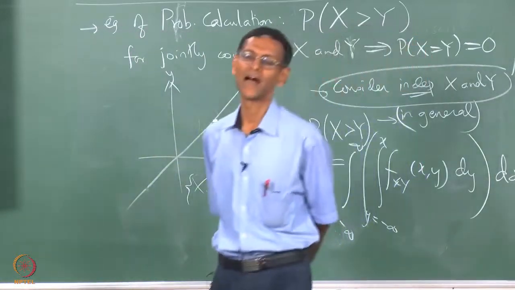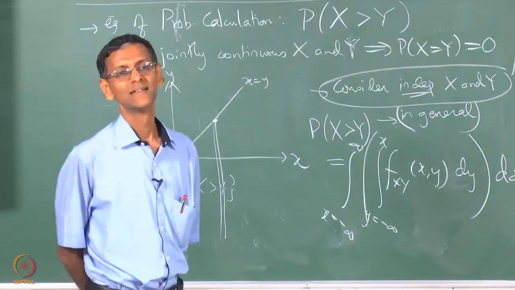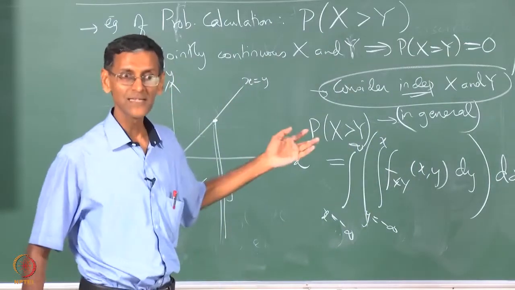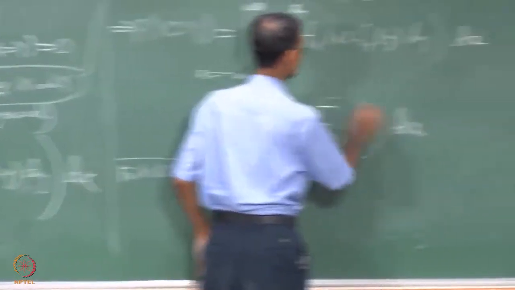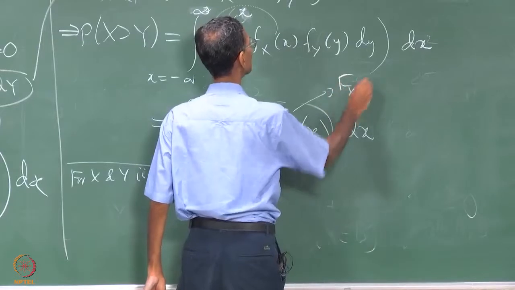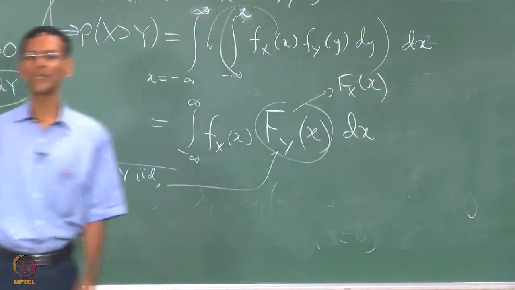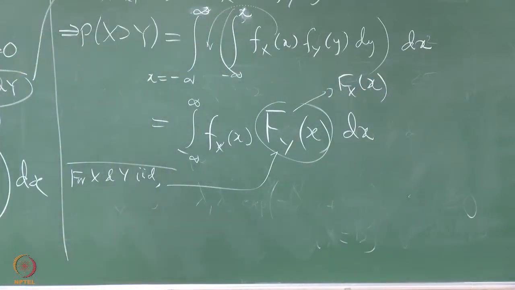So, supposing they are IID, now what happens? Fy is the same as Fx for all points. So, if I change this to Fx of x without erasing or writing it again.